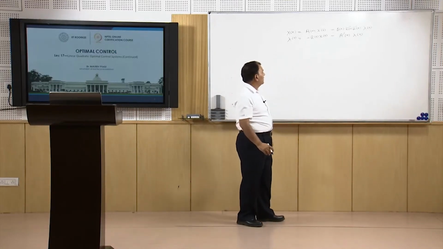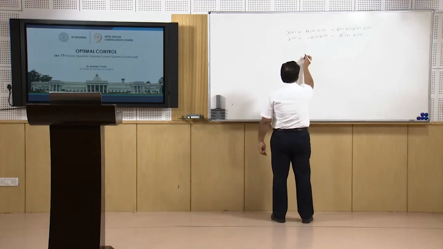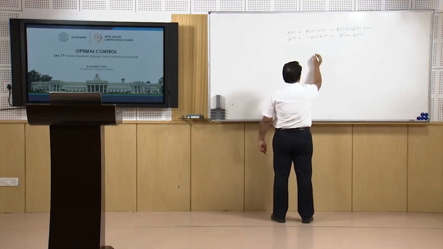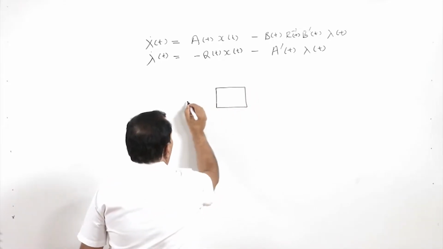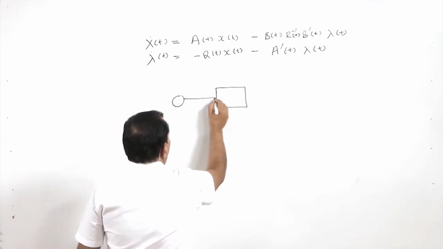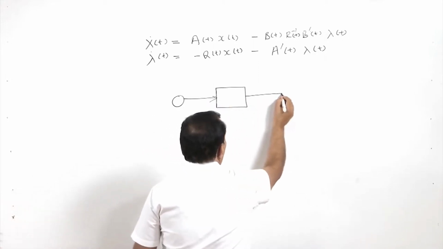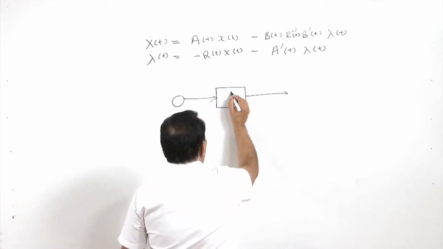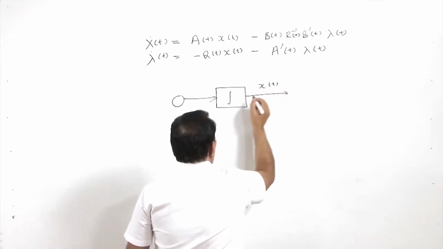co-state equation. If I represent this system, this is my x t integral.